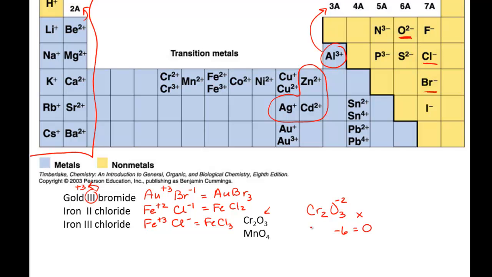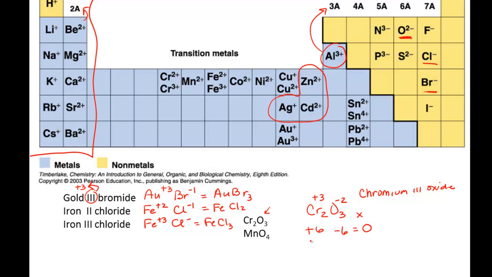This is a neutral compound, so I also need to have 6 positive charges. So if I now divide 2 into the 6, I have chromium, and chromium is +3. So the proper name for this compound is chromium 3 oxide.